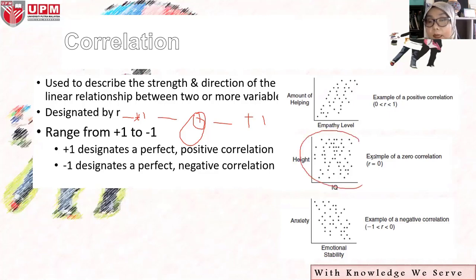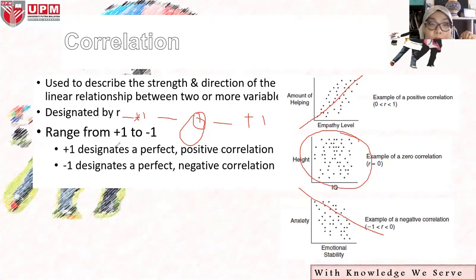As you can see, we cannot determine the direction of the relationship. But for the first diagram, we can predict that the relationship is positive, because the flow is upwards. For the anxiety and emotional stability graph, it is downwards, but it is still in a straight line; we can still draw a straight line.